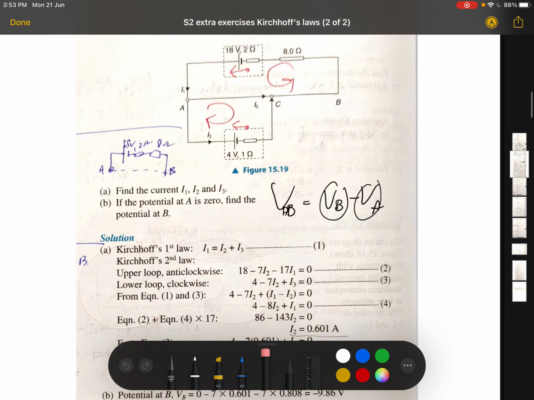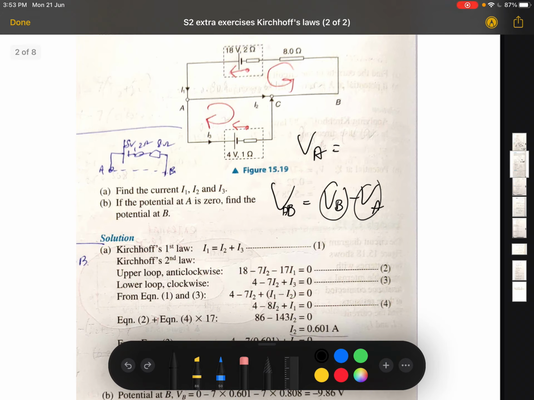So how do we know what's VAB? And how do you find VA? So VA is equal to VB minus, the other way around. Okay, VB is equal to VAB plus VA.